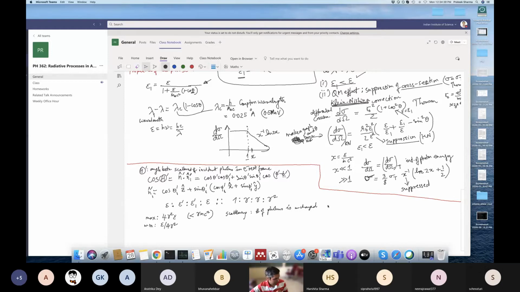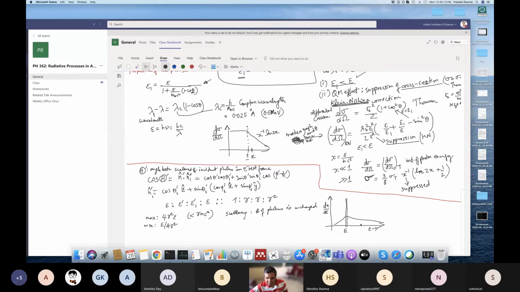So schematically, if we draw some sort of a spectrum, if your initial energy in the lab frame is epsilon, this is like a delta function or a narrow function. So this is the number of photons with energy epsilon as a function of epsilon. With scattering, the area under this curve has to be the same. But what happens is you get something like this.